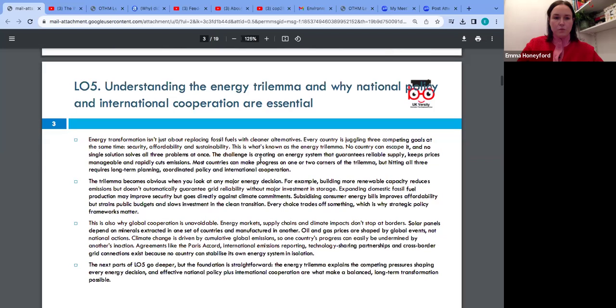So moving on, we're going to discuss learning outcome 5: understanding the energy trilemma and why national policy and international cooperation are essential. As we know, energy transformation isn't just about replacing fossil fuels with cleaner alternatives. Every country is juggling 3 competing goals at the same time: energy security, affordability and sustainability.